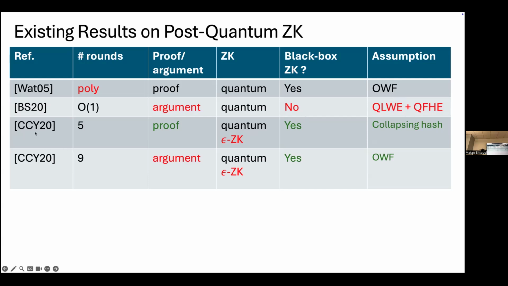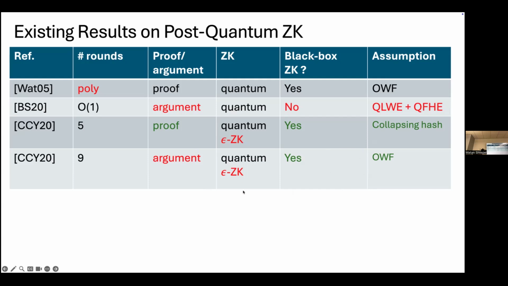And also simultaneously, another work, CCY 2020, came out that achieves constant round as well. But the caveat is that they only achieve a weaker version of zero knowledge called epsilon-ZK, even though they do have the advantage that it's a black-box simulation. It's basically just taking the classical constant-round protocol that's shown to be secure with an expected simulator and replacing it with post-quantum assumptions.